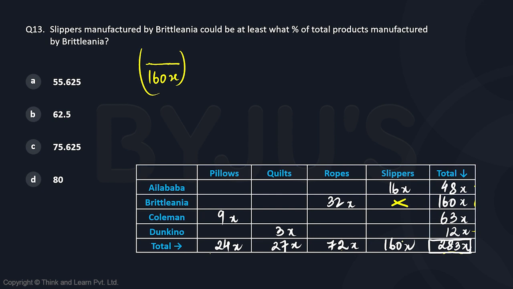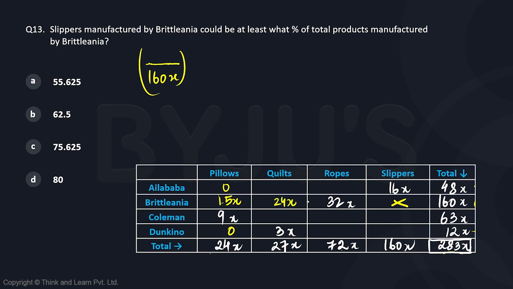Well, if we look at the maximum value of pillows under Britannia, this is going to be 15x. 15 plus 9 is 24, assuming the other values we have 0. In the case of quilts, out of 27, 3x is here, so this is going to be 24x.